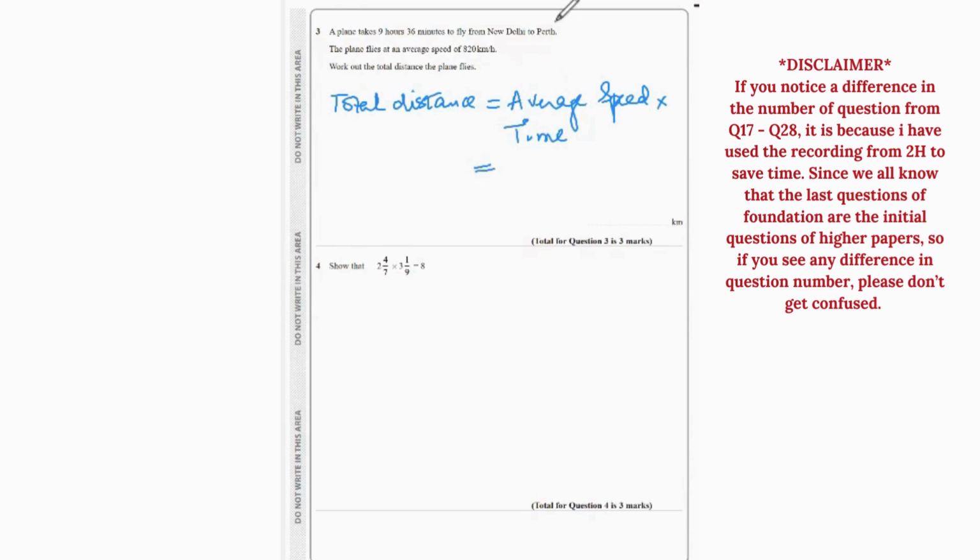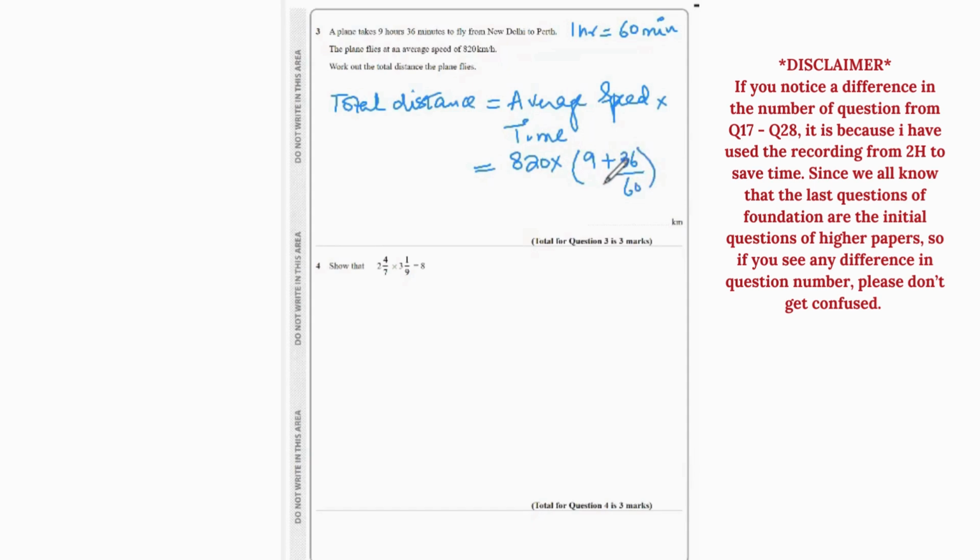So if you notice, the average speed is in terms of kilometers per hour, and your time is in hours and minutes. So you need to convert the minutes into hours, and then we can use that to find the distance. So we know that 1 hour equals 60 minutes. So 1 minute equals 1 over 60 hours. So we do 820 times 9 plus 36 over 60.